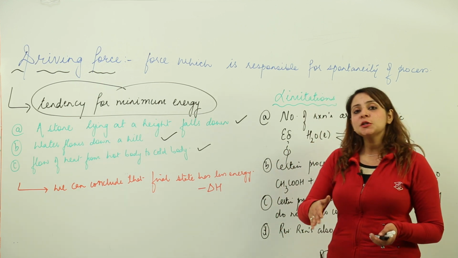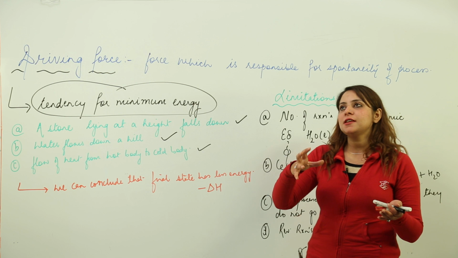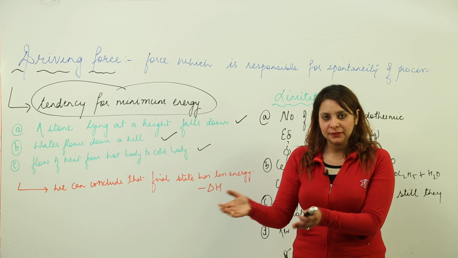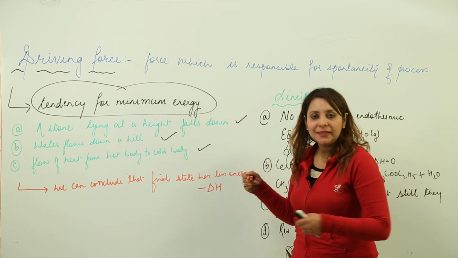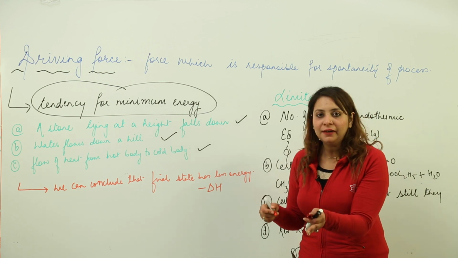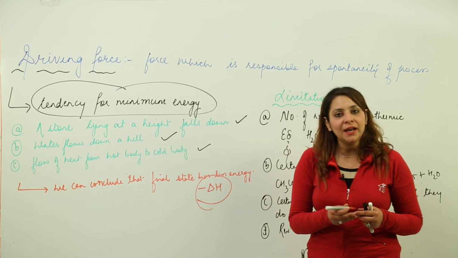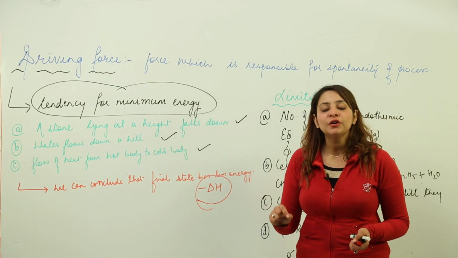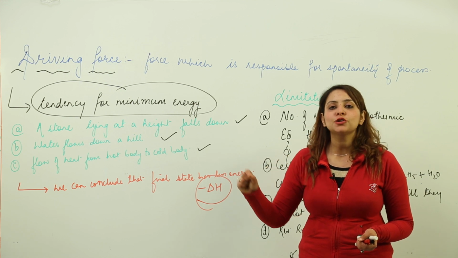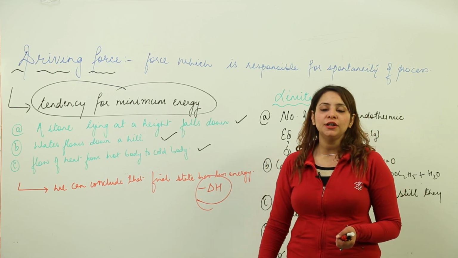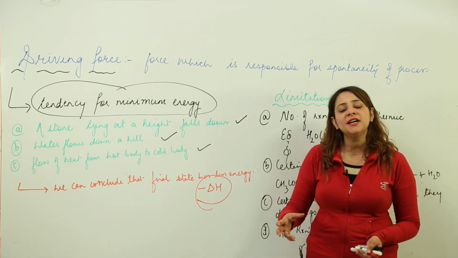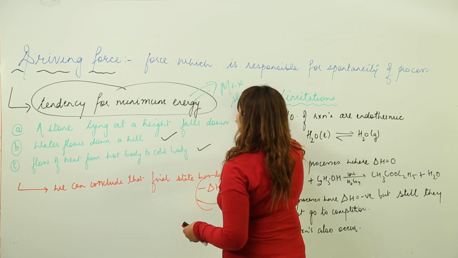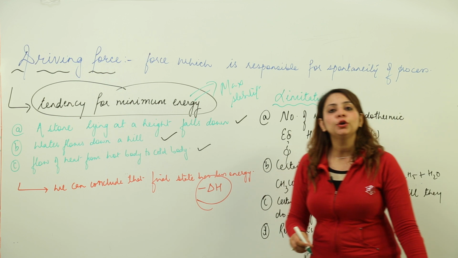That means the processes which involve a release of energy, where the enthalpy is released, all the exothermic reactions, that is minus delta H. All the processes where the delta H value is negative make the reaction spontaneous, because everything in the universe is just trying to attain minimum energy, because minimum energy corresponds to maximum stability, and we know that everything in the universe just wants to attain stability.